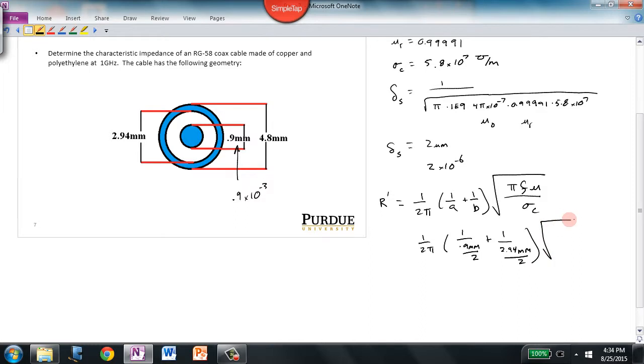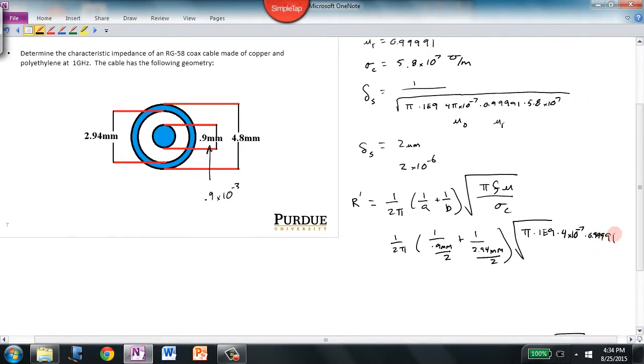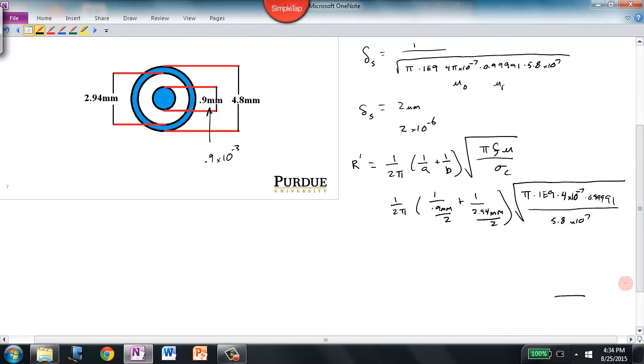We now multiply that by the square root of pi times 1 gigahertz times 4 pi times 10 to the minus 7th times 0.99991. In the denominator we put 5.8 times 10 to the 7th, and that gives us a result of R prime equal to 3.8 ohms per meter.